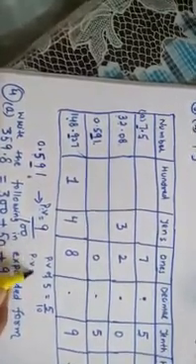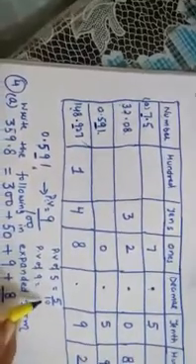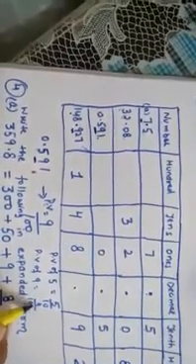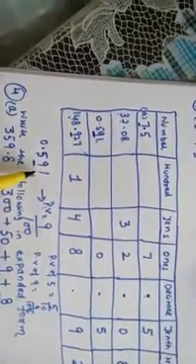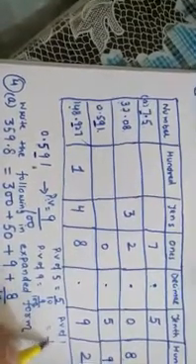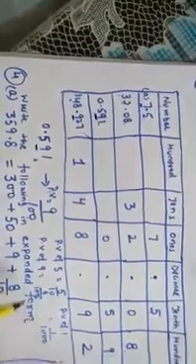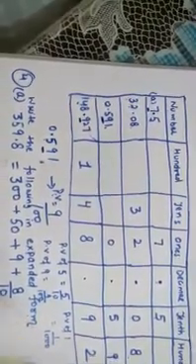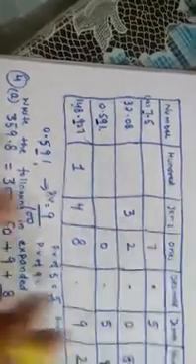If they say write the place value of 9, that is 9 by 100. If they say write the place value of 1, it is 1 by 1000. Clear? In this way we will write place values. Next the fourth part is there.